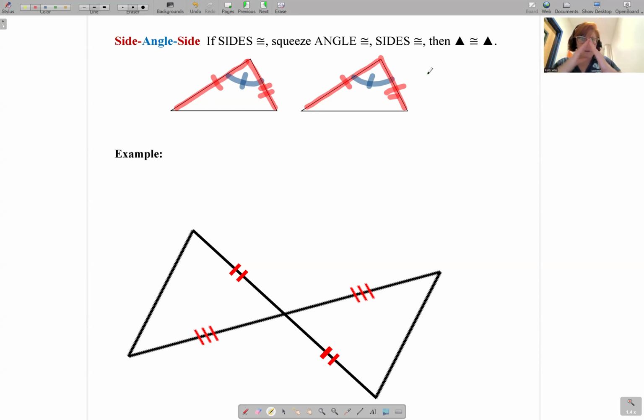The angle has to be squeezed between 2 different sides. So the concept of squeeze means it's between 2 distinct pairs of sides. That's called a squeeze angle. This shortcut is called side angle side.